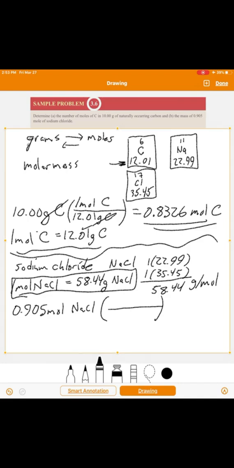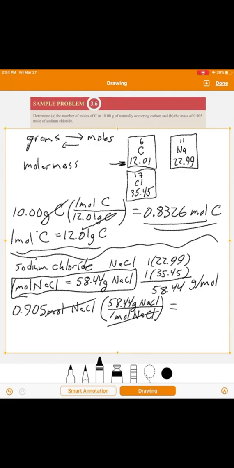The numerator is going to have grams because we're trying to find grams. We're trying to get rid of the moles. So if we want to get rid of the moles, we have to divide by moles. So we put 1 mole sodium chloride down here in the denominator. And we put the 58.44 grams of sodium chloride in the numerator. So now the moles of sodium chloride cancel.